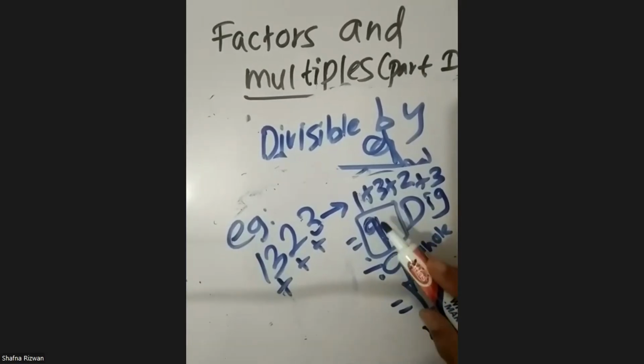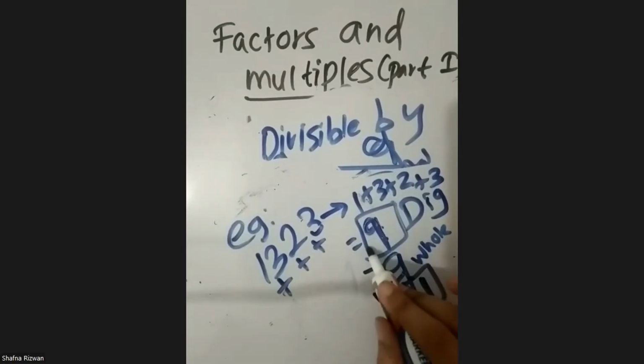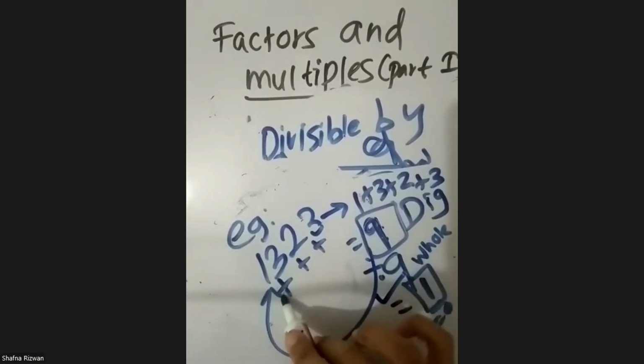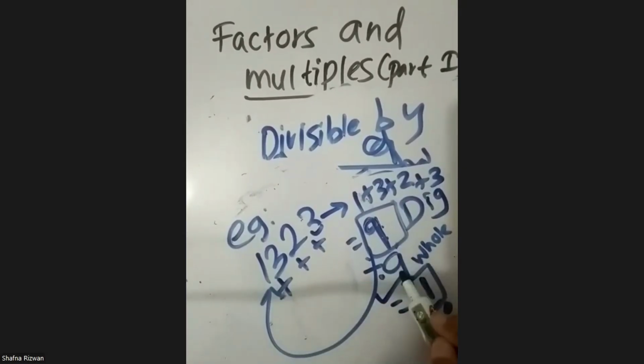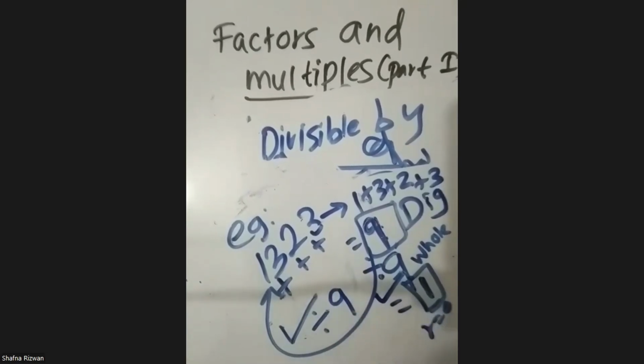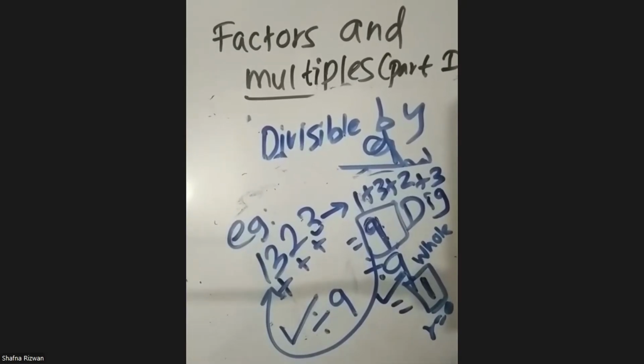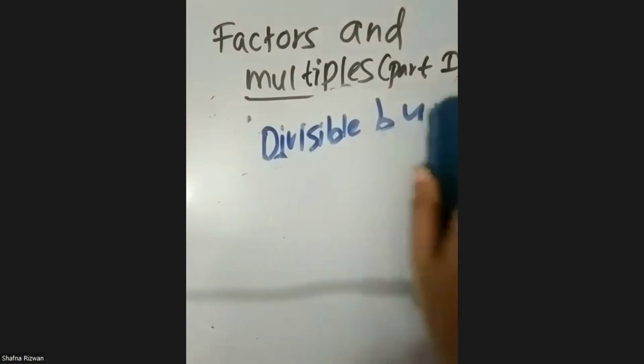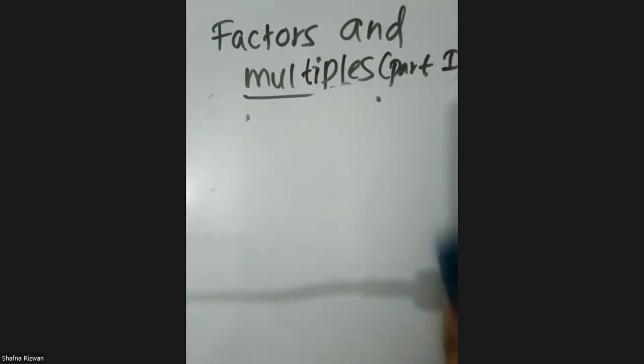So this digital root is divisible by 9. So then automatically, when the digital root is divisible by 9, 1323 is also divisible by 9. Always remember that. Did you all understand how to find the divisibility rule of 9?